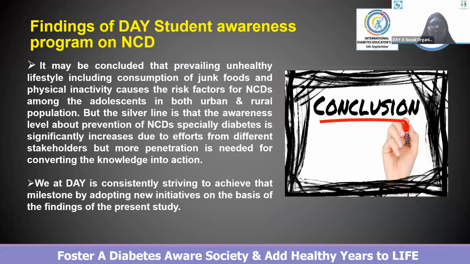But the main problem is that more penetration is needed for converting the knowledge into action, which is lacking, and we need to focus on this more and more. We, on behalf of DAY, are consistently striving to achieve that milestone by adopting new initiatives on the basis of the findings of the present study.